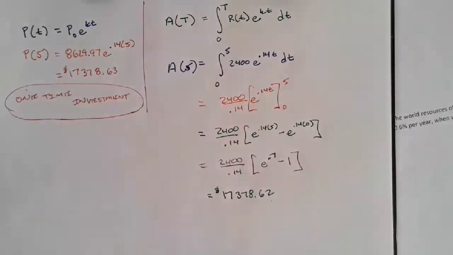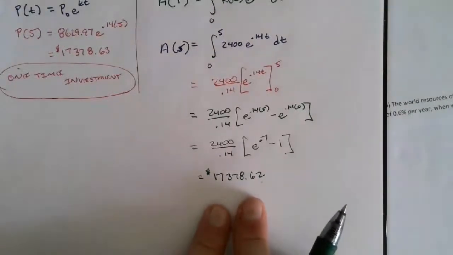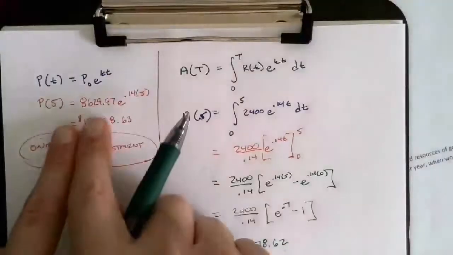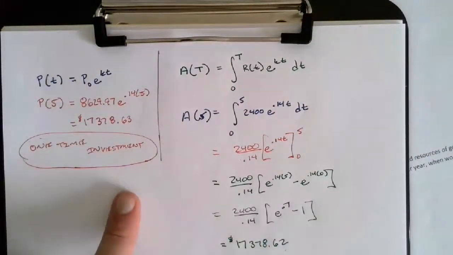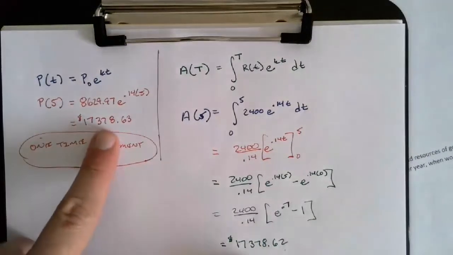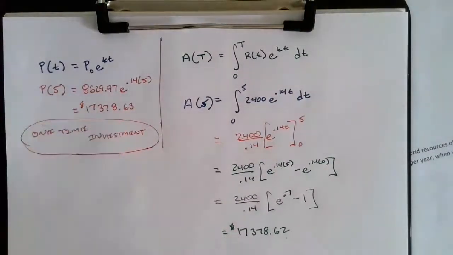So this is what we would have gotten if we invested $2,400 per year for 5 years at the interest rate of 14%, right? This is what we got if we invested the $8,629.97 just one time at an interest rate of 14% for 5 years. And you can see that they're essentially the same value, right? It's off by a penny.